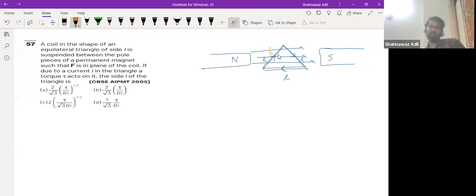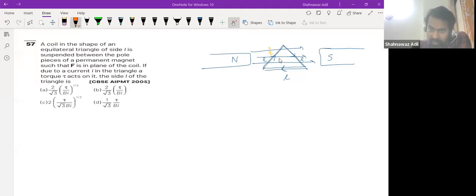What would be the direction, guys? So if we curl our fingers inwards, the magnetic dipole moment is inwards, and the magnetic field is crossing. Let's say the magnetic field is in i hat.